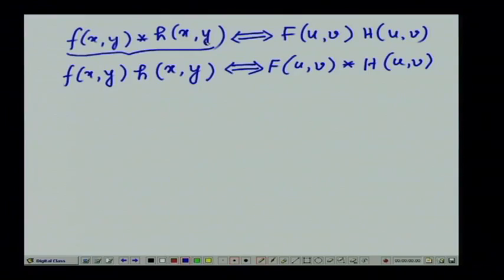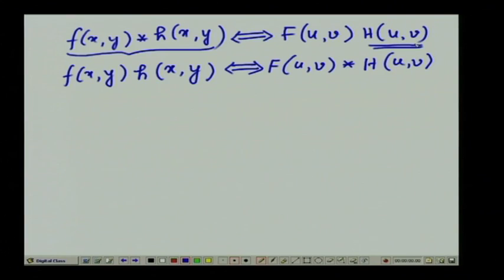The Fourier transform of the spatial mask h x y is nothing but H u v in this particular case. So, the equivalent filtering operation we can do in the frequency domain by choosing the proper filter H u v. Then, after taking the product of F u v and H u v, if I take the inverse Fourier transform, I will get the processed image in the spatial domain.